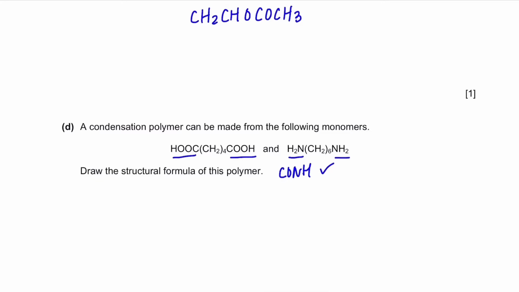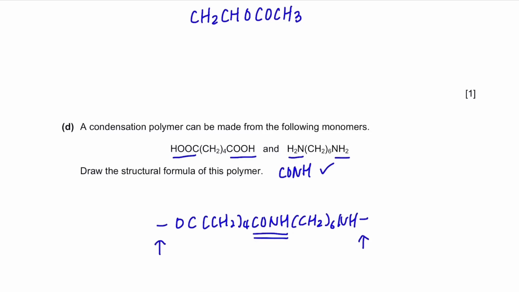So if you draw it, it will look like this. Amide linkage in the middle and the rest of the elements in the same position. Also, these lines at the end, the continuation bonds, should be drawn to show that more polymerization can occur.